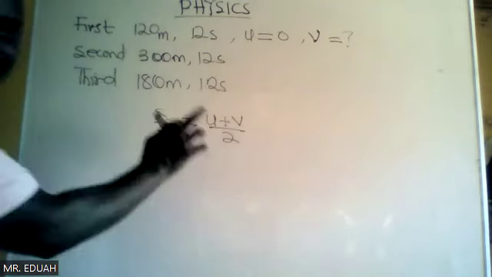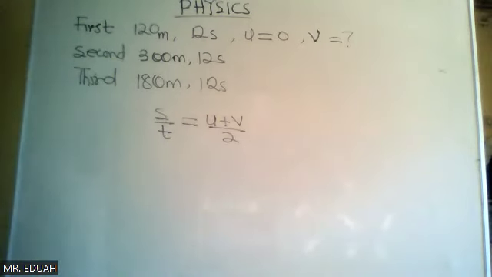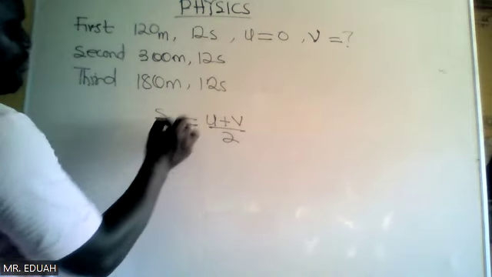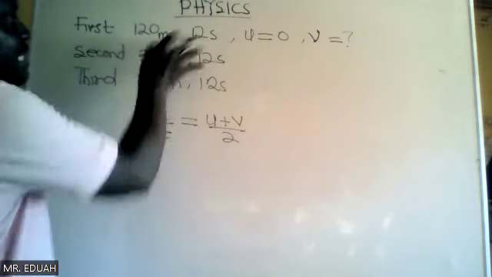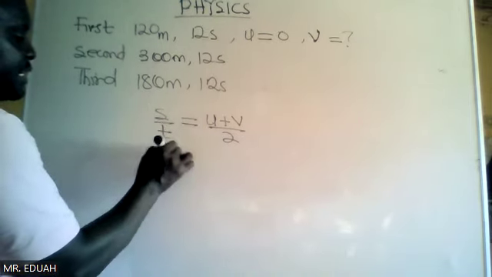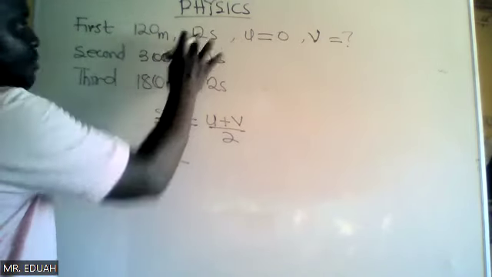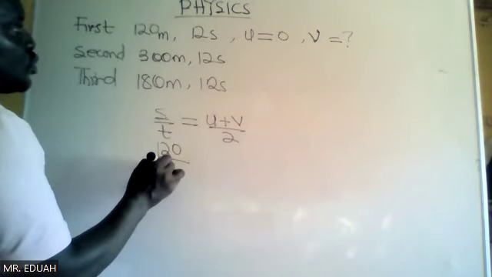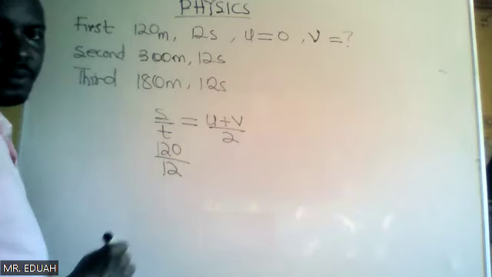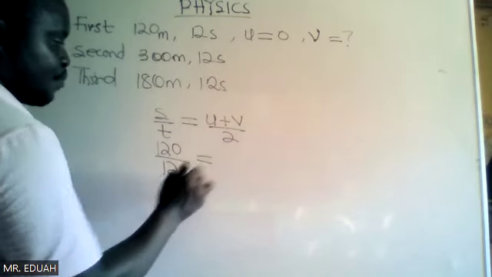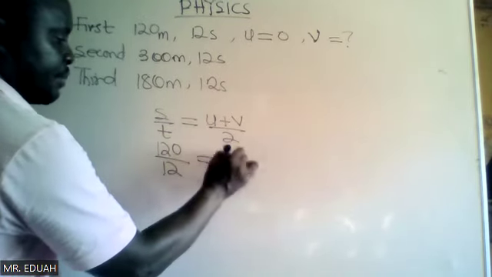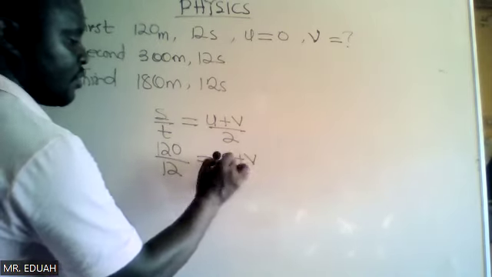I can use this to find V. So I have total distance during the first part, 120, over time of 12, is equal to 0 plus V over 2.